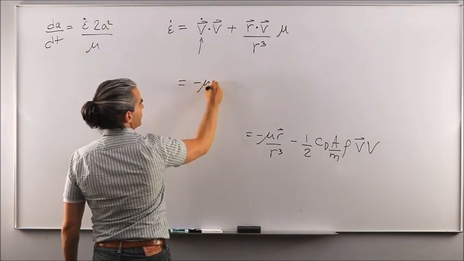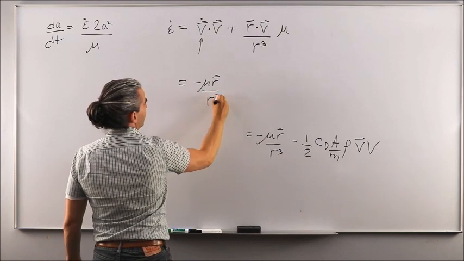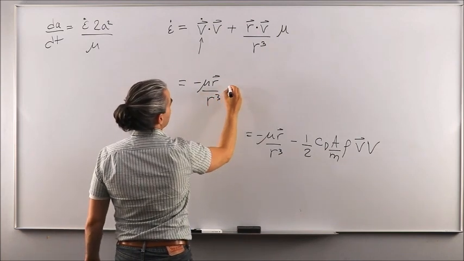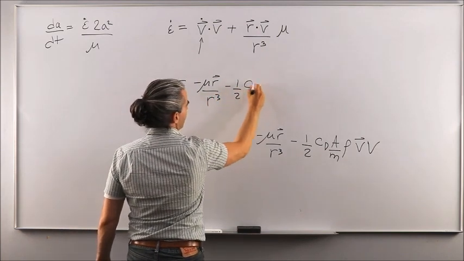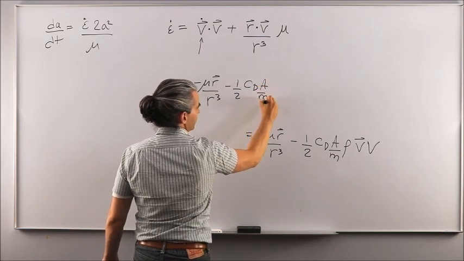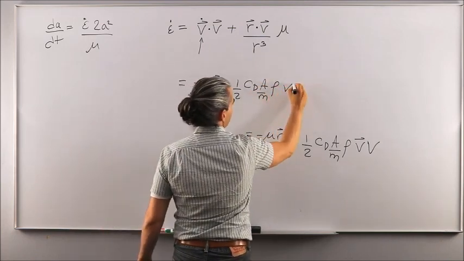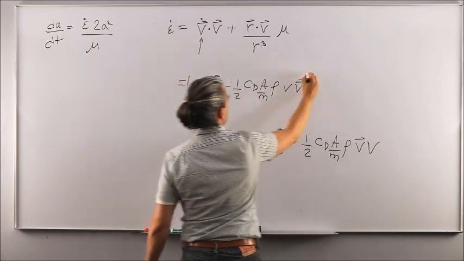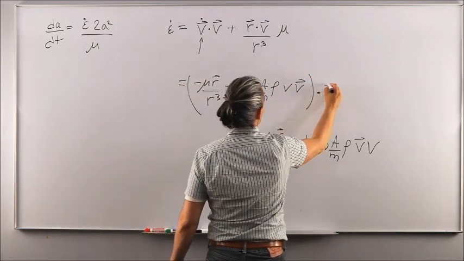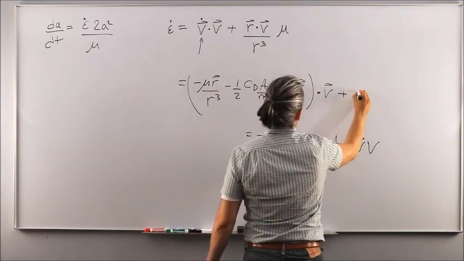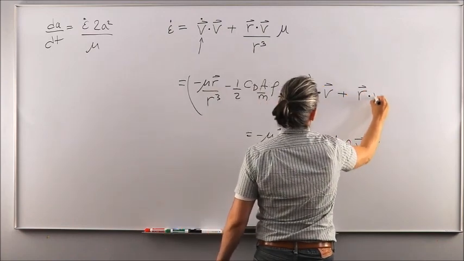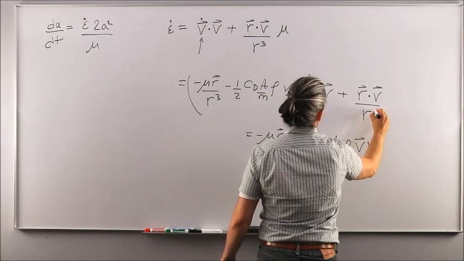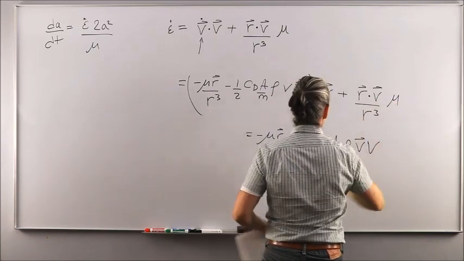So minus mu r vector over r cubed, minus 1/2 CdA over m rho v scalar v vector, all this dot product with v, plus r dot product v over r cubed times mu.